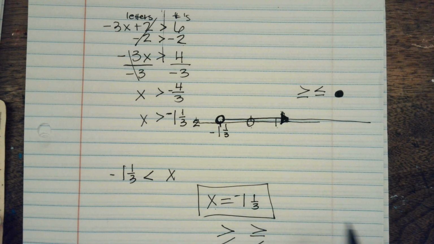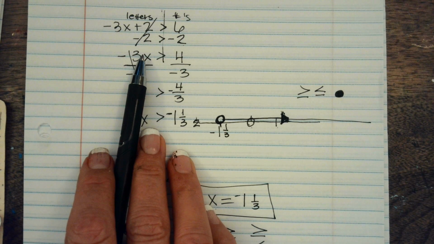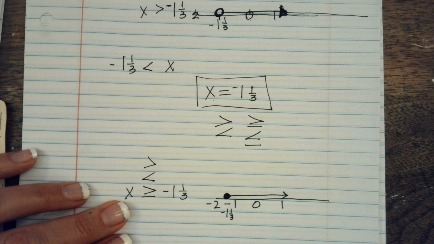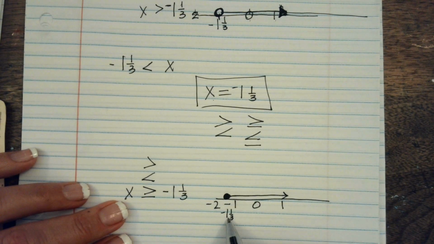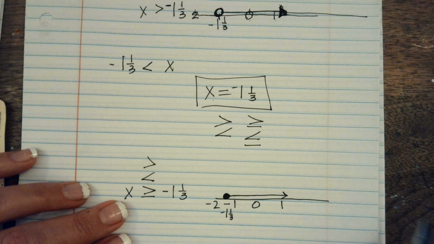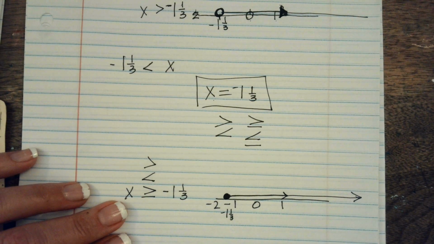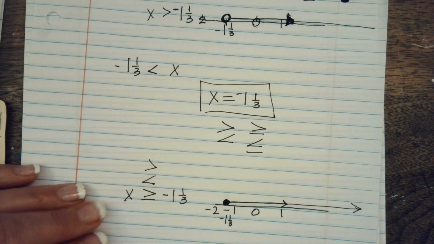Those are all answers to this problem. Now, for this one, this means that negative 1 1/3 is included, plus every other single number up to bazillions, right? Those all could be answers. And the negative 1 1/3 is included.